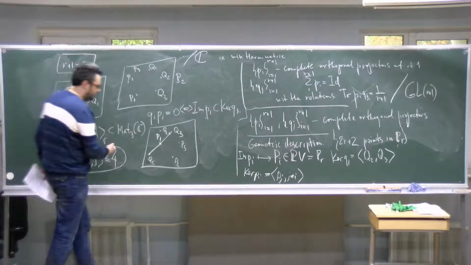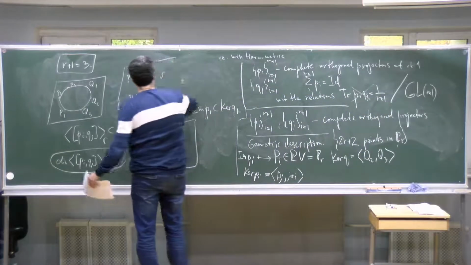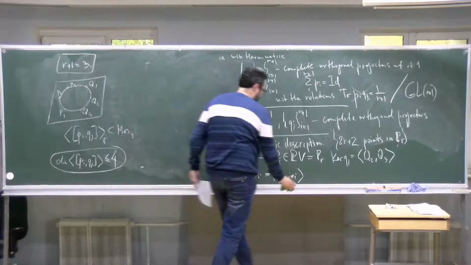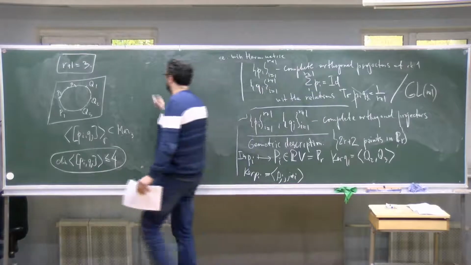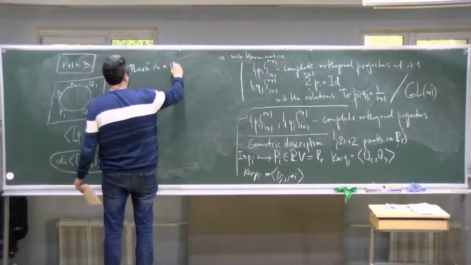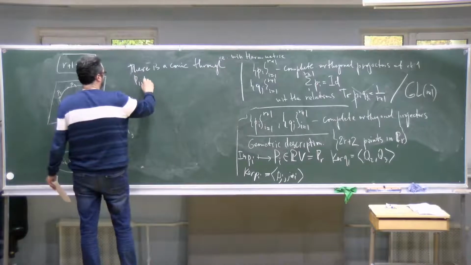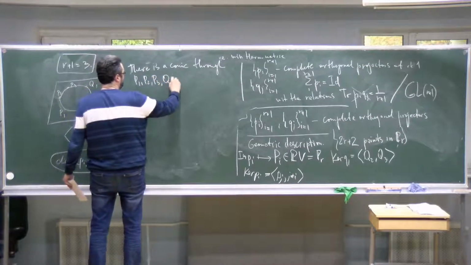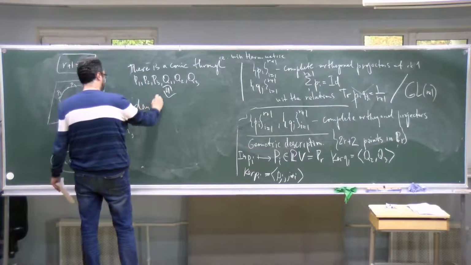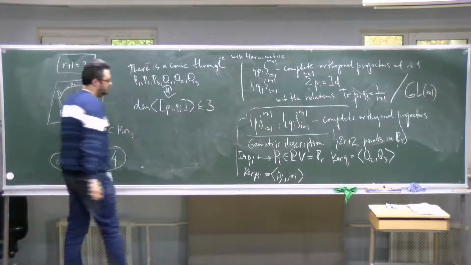But what does it mean that 6 points are on a conic? There is a conic through P1, P2, P3, Q1, Q2, Q3 if and only if the dimension of the commutator subspace is not greater than 3.